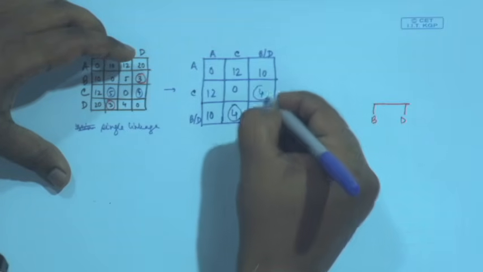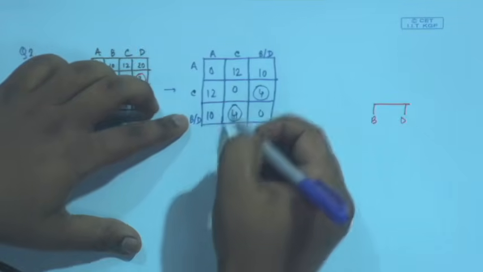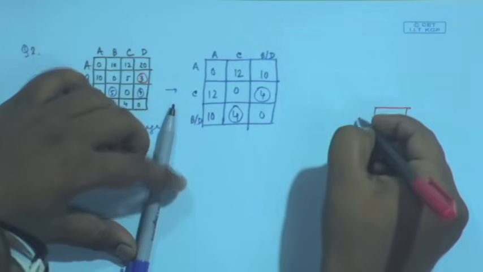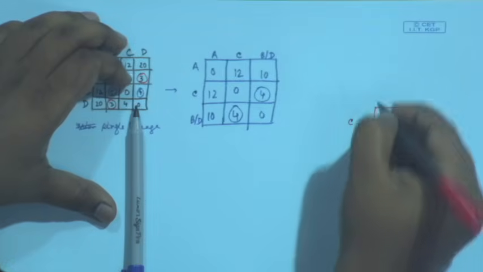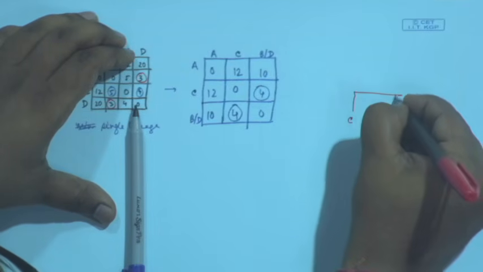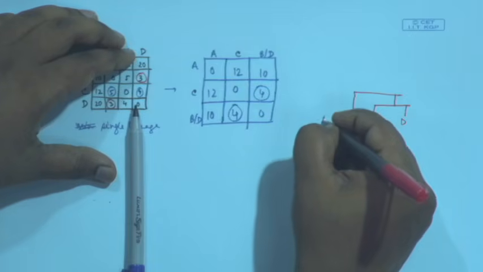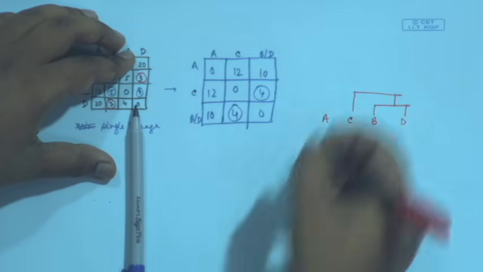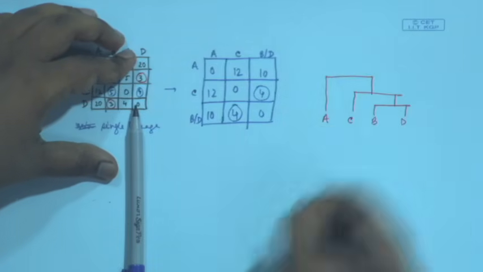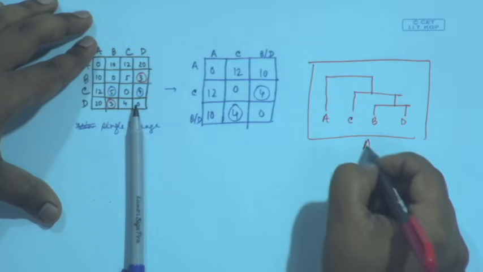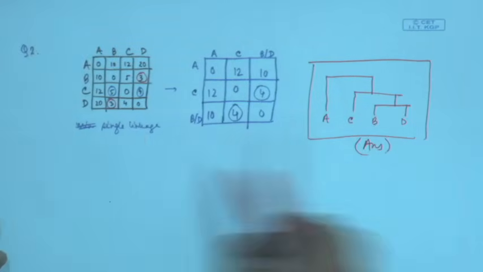This is the minimum number here, the distance from C to B or D. So, the next two clusters to be fused are C and B or D. The only remaining element is A, so clearly in the next step A will be merged. This is the dendrogram that you are going to get. So, this is the answer. You will be facing this kind of question in the exam.